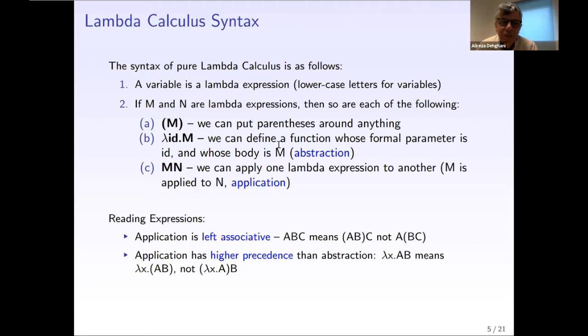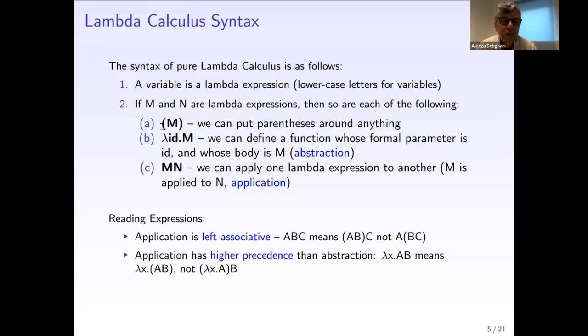Lambda id M: we can define a function whose formal parameter is id and whose body is M. We talk about that. And we can apply one lambda expression to another. We can have two lambda expressions. Okay, so that's a very interesting topic of how we implement the recursive function. We can apply the second lambda expression to the first one.